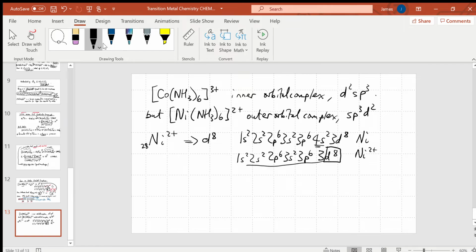And that's why we're saying it's a d8 complex. Now, on this occasion, although the ammonia was strong enough to cause pairing, here we notice that an inner orbital complex is not possible.